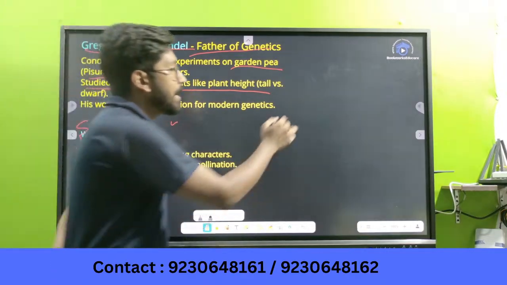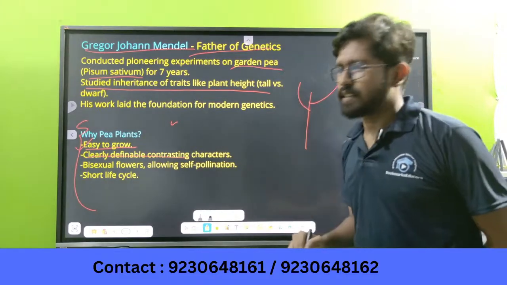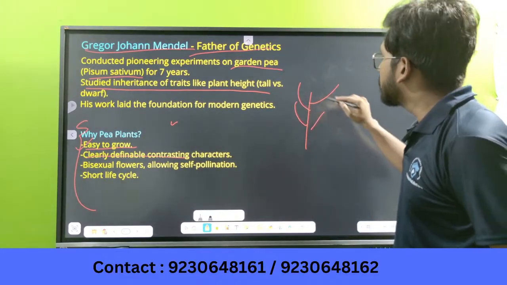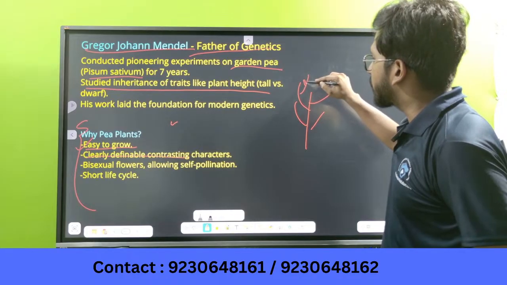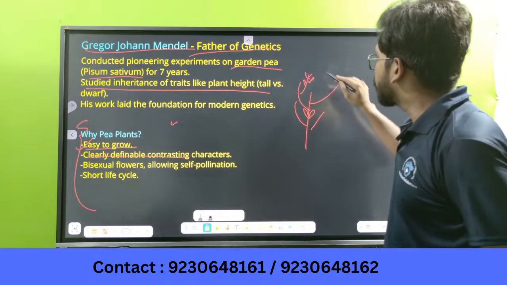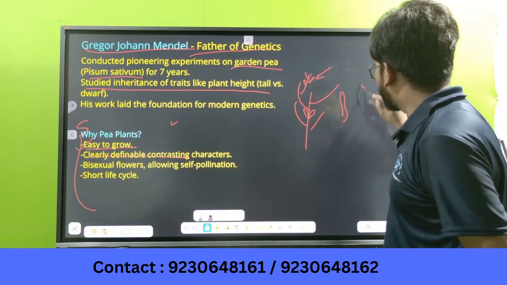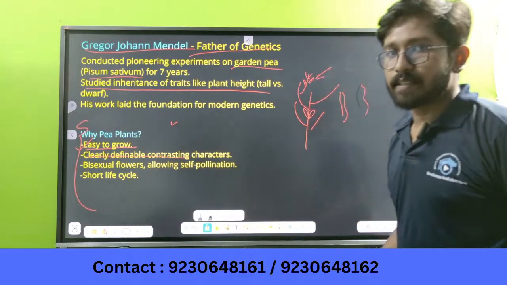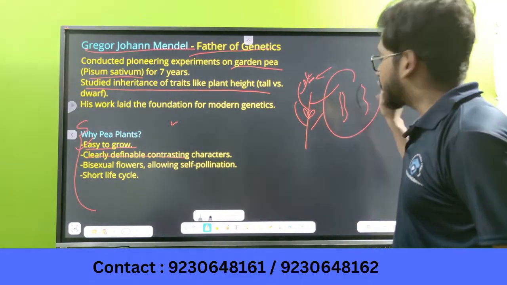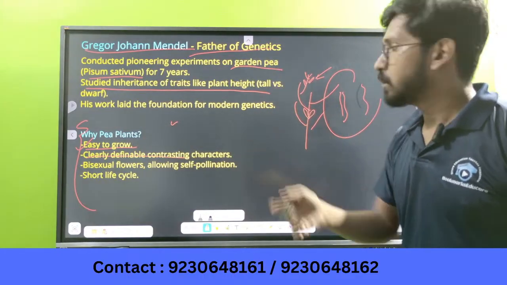For example, in pea plants, Mendel chose 8 or 9 characteristics like plant height, the arrangement of the flower, the color of flower, color of peas, shape of pea pod, various things. Why? All these characters are very easily distinguishable from the other one.